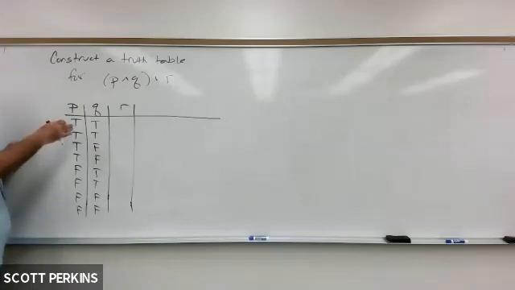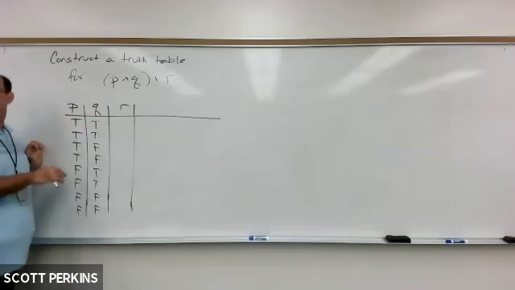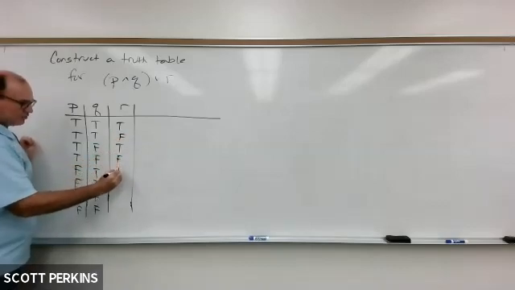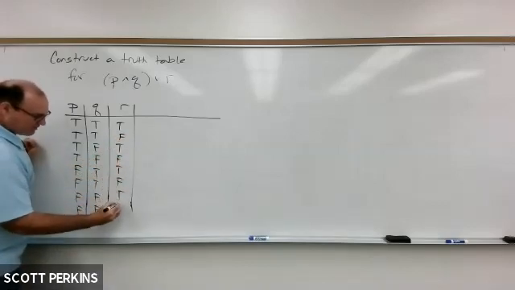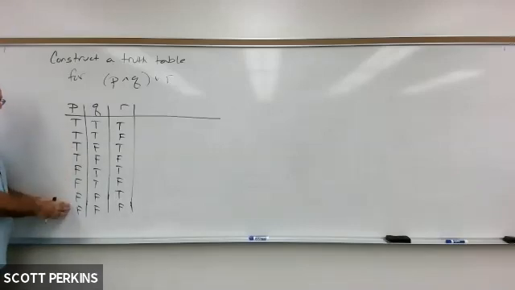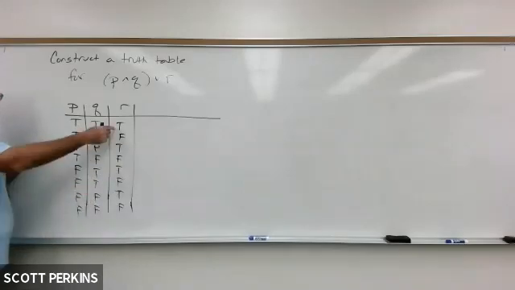We went from 4 down to 2. We're going to divide it in half again. We're going to go 1. So I'm just going to go true, false, true, false, true, false, true, false. And that will always get you all 8 different possibilities of trues and falses for your simple statements. So 4 and then 4, 2, 2, 2, 2, and then 1, 1, 1, 1, 1, 1, 1.